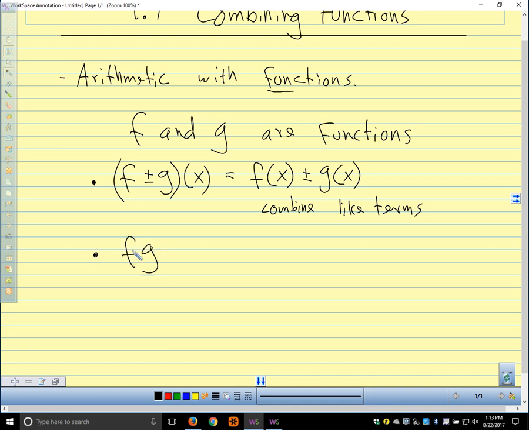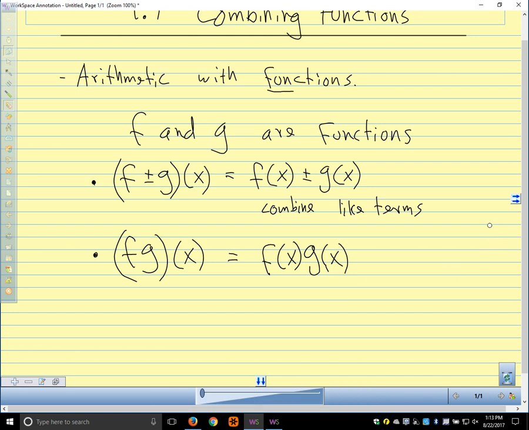f times g of x is f of x times g of x. And when we talk about multiplying functions, what are we going to be doing?